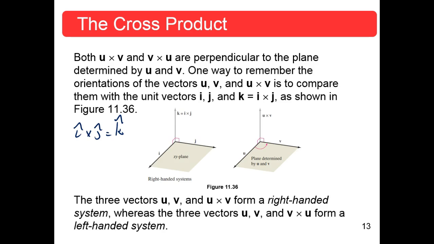Now the reason I prefer to write it that way is this. I want you to notice that this is also true: J cross K is equal to I, and K cross I is equal to J. That's what I thought they were going to get at here.